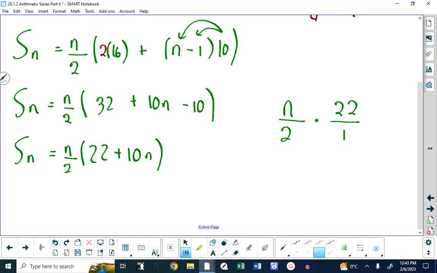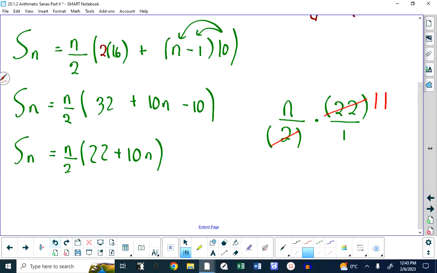One of the rules that we will review in that unit on rational expressions is when you multiply two fractions, you can always cancel common factors on the top somewhere with the bottom somewhere. So 2 divides into 22 and 2 divides into 1, which means, and this is fine for now, but when we get to rational expressions, I'm going to say stop doing this.